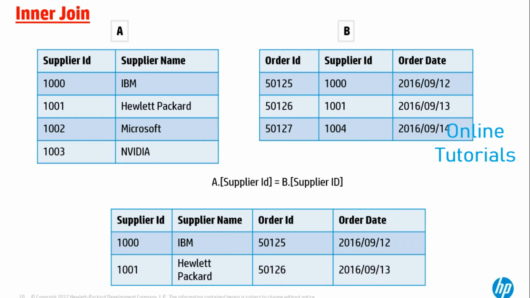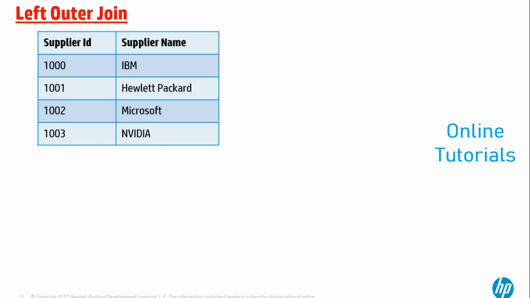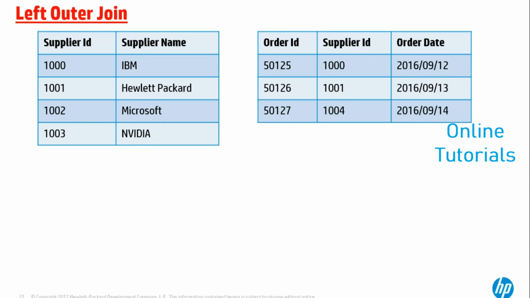Let me do the left outer on the same tables. So if I do left outer join, what are the records you will get? 1000, 1001, 1002, and 1003. All four records. Which column do we need? Supplier ID.